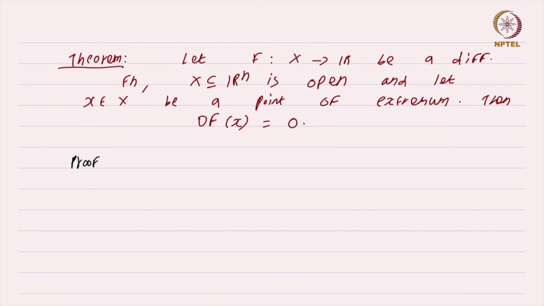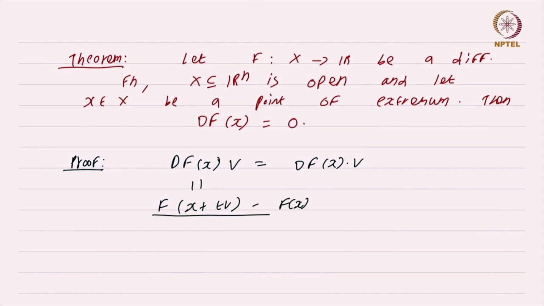Proof. I'm just going to show that all directional derivatives vanish, and therefore the gradient also vanishes. We know that the directional derivative D_v f(x) is nothing but gradient of f(x) dot v, and this is by definition equal to the limit as t goes to 0 of f of x plus t v minus f of x, divided by t.